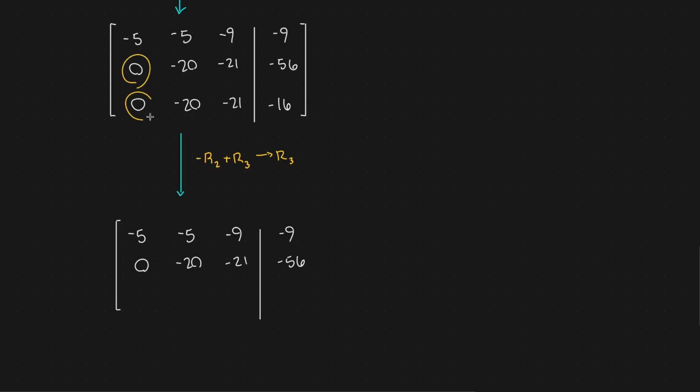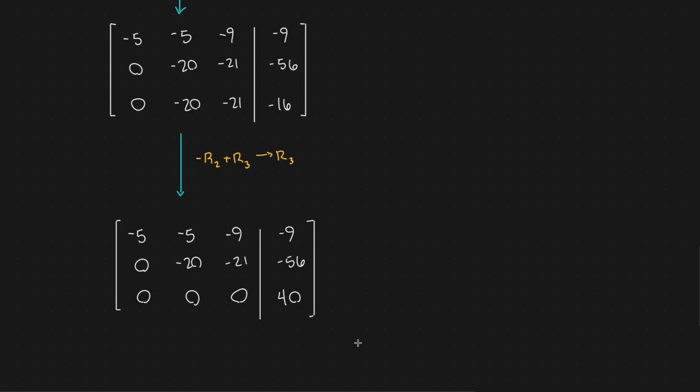So -0 plus 0 is 0. -20, that's +20, plus -20 is 0. +21 plus -21 is 0. +56 plus -16 is 40.